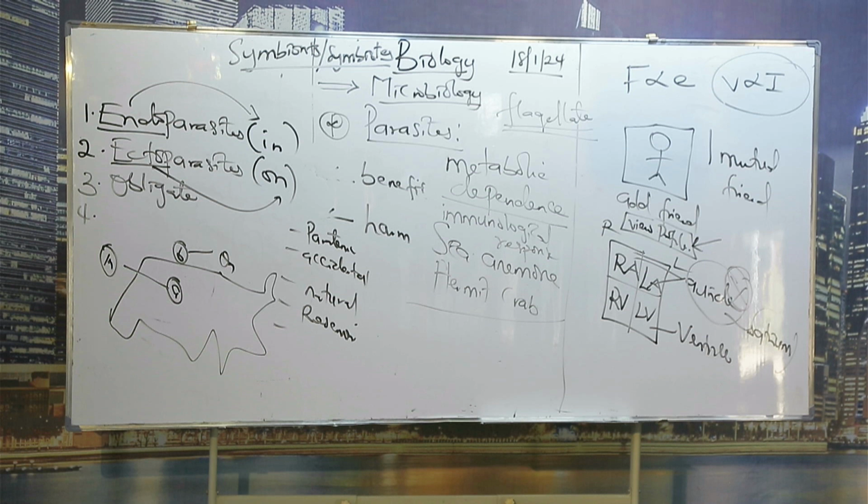For example, do you know that mosquito bites other animals that are not man? Mosquito bites sheep. It bites pig. But as it is biting these organisms, it is transmitting a parasite called Plasmodium.